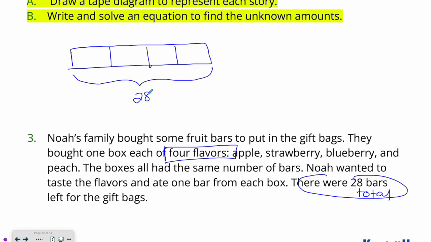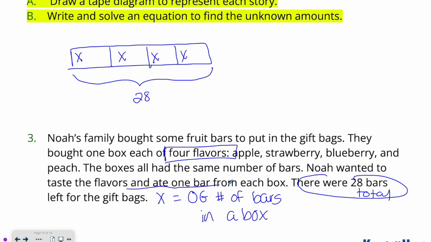So we don't know how many each one started with. So x is the original number of bars in a box. So each box started with x, but then Noah ate 1 from each box, x minus 1.